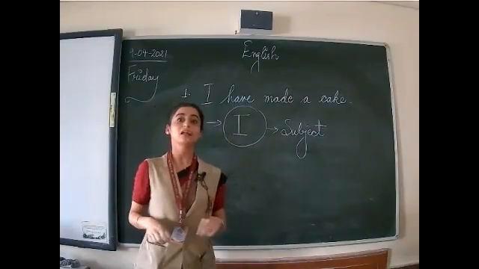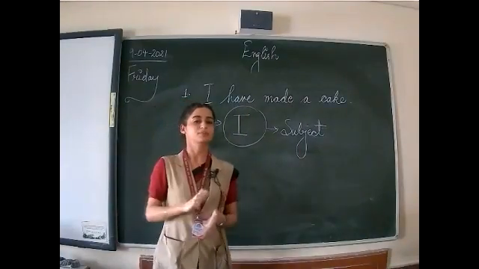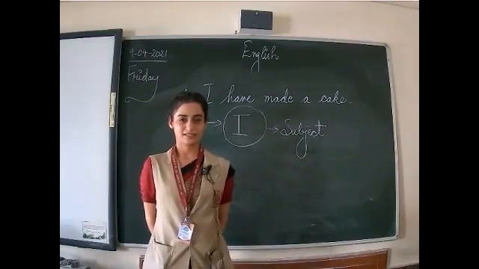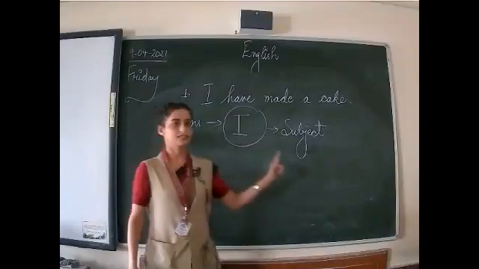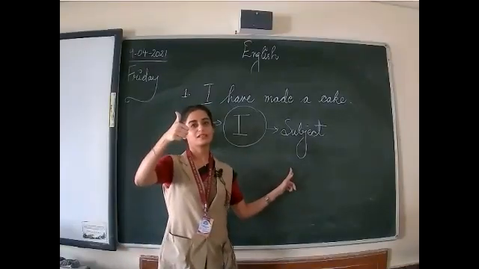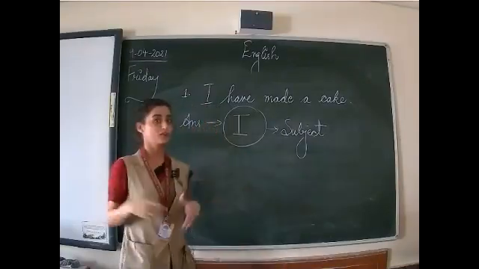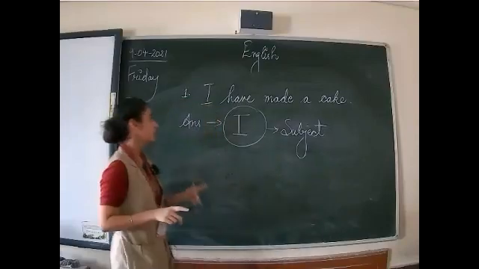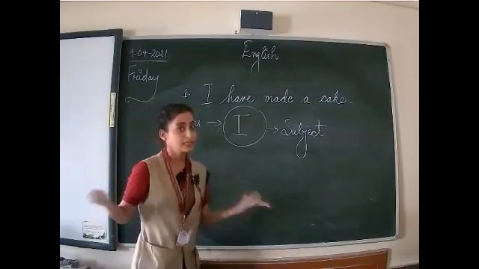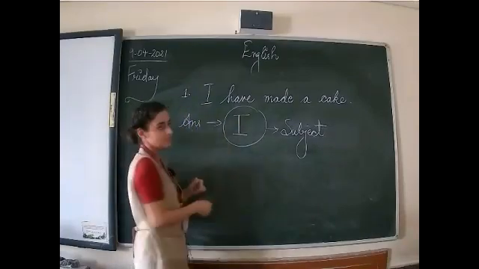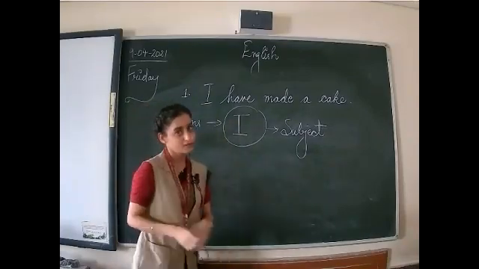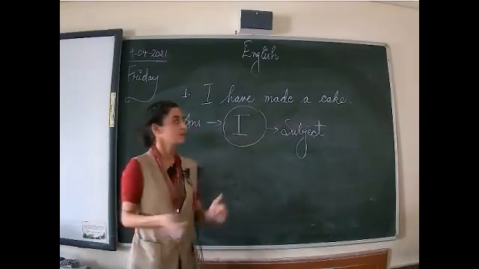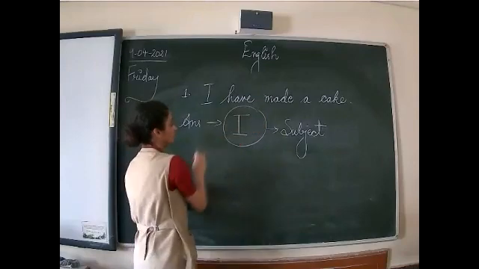How many of you have got the answers correct? Just give me a thumbs up. I'll see it if you have got the answer correct. I is the subject. Show me this. Oh, great. Very good. I'm getting good responses. That means you're understanding the concept. Very nice. So the predicate. What is the predicate? The rest of the sentence. What is I doing? Have made a cake.